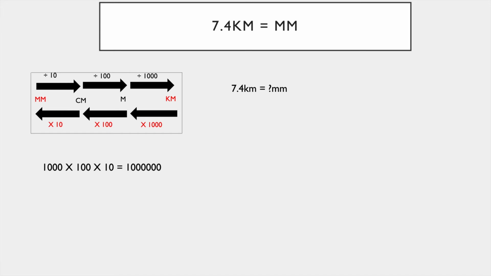Now that you've found how many times you need to move from kilometer to millimeter, what you have to do is to multiply 7.4 kilometers by 1 million. So in a million, we have 6 zeros. That means you have to move the decimal point 6 times to the right.